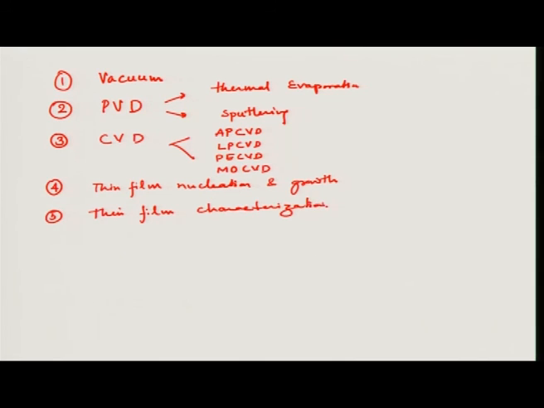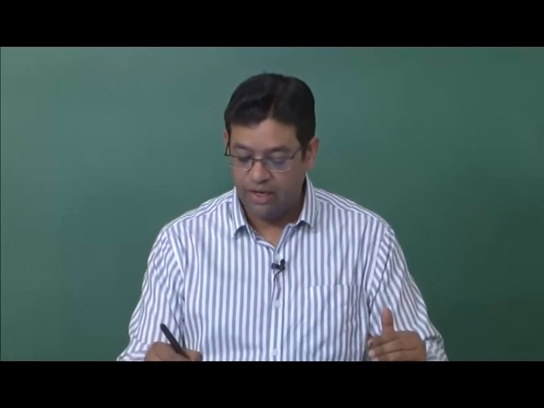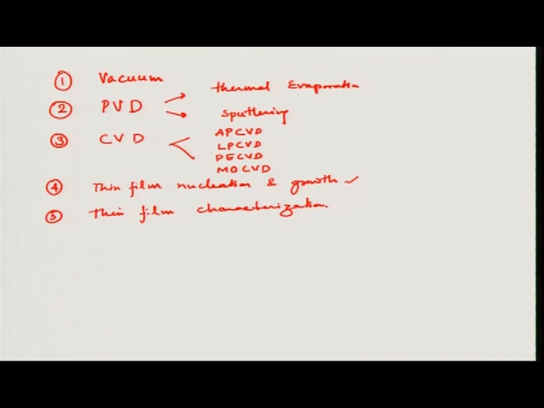So, at the end of this module, it is a good point to go back and revise all the lectures, so that you can understand why we were doing what, what kind of techniques we can use for what film, what kind of morphology we can expect, and what kind of thin film thicknesses and other characterization you would need to perform on your thin films.